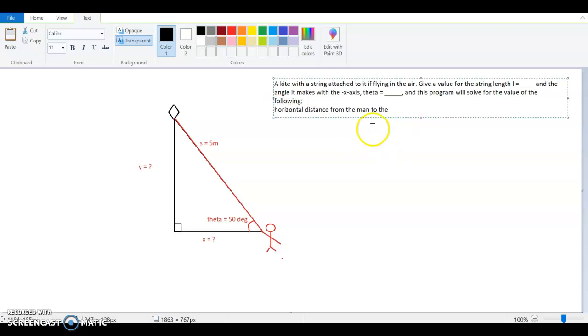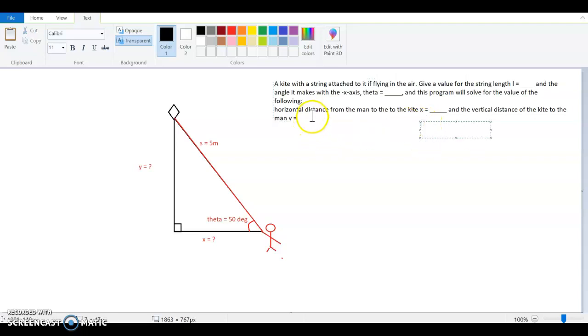Horizontal distance from the man to the kite, all right? X. And the vertical distance of the kite to the man. Let's have y.